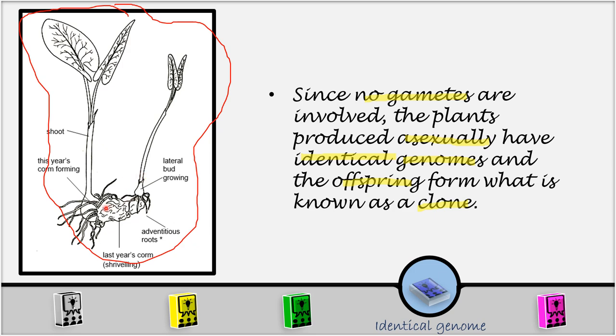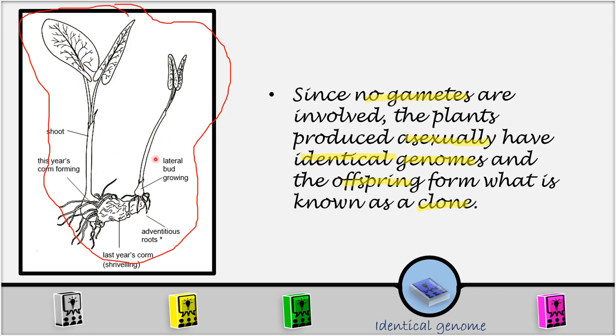There is no use of gametes. Here we are saying that plants produced asexually have identical genomes. Having identical genomes means that they are the same. Their genes are the same. When you look at them, you will see that they are the same, resembling each other.